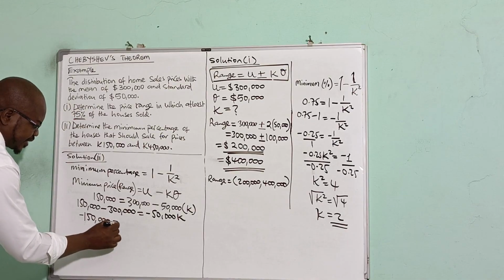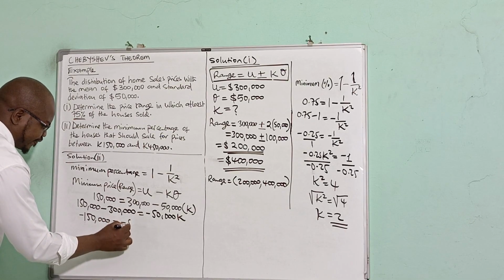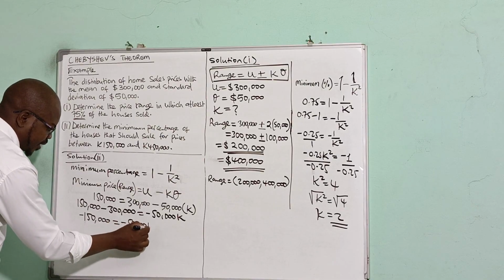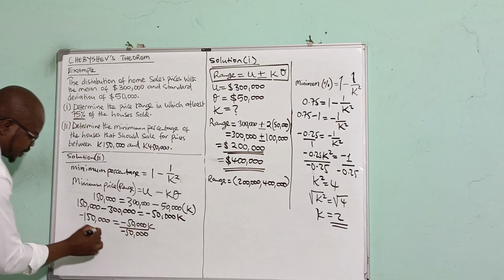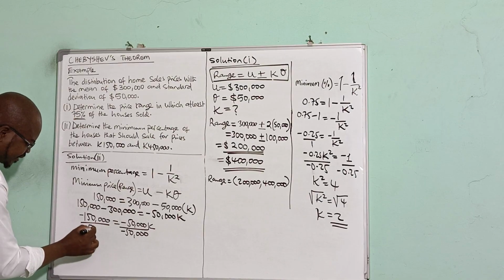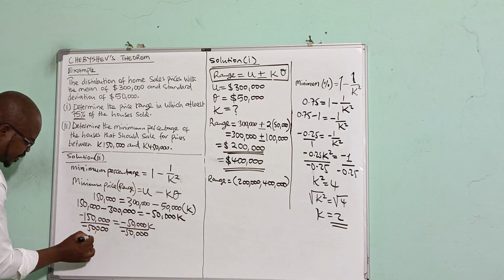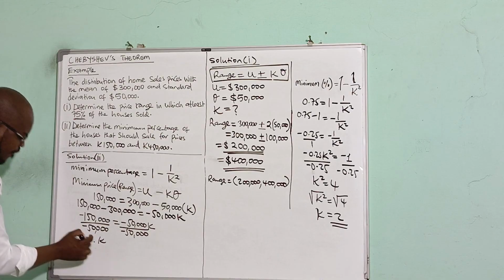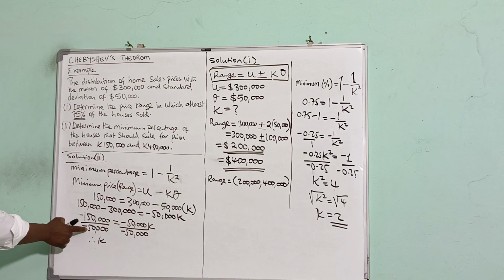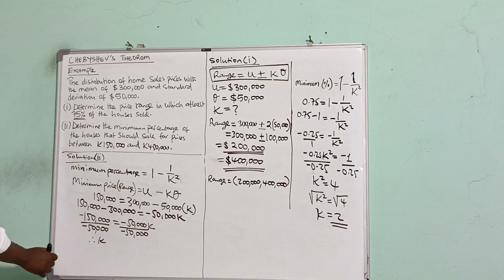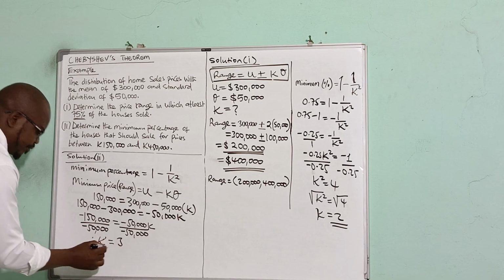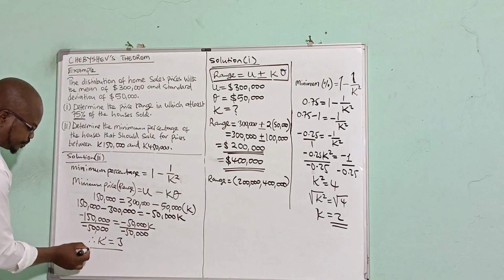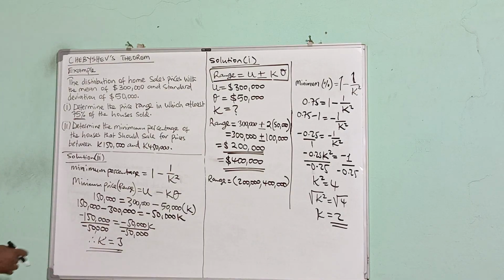Negative 150,000 is equal to negative 50,000 K. Negative 50,000 this side, negative 50,000 this side. Therefore, this and that will cancel, and then 50,000 into 150 will be 3. Therefore, my K is equal to 3.